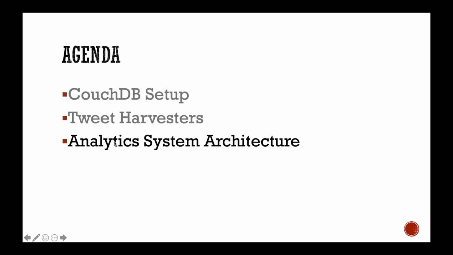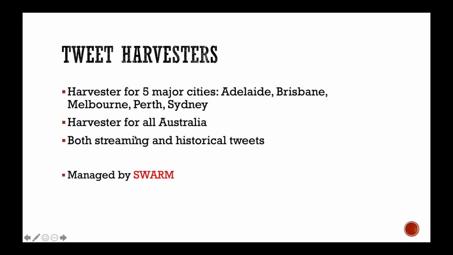And we are going to run the harvester for both streaming and historical tweets. So during the initial deployment, there will be 12 tweet harvesters running on our system, but the historical tweet harvesters will be stopped after they have run on about 7 days of data.